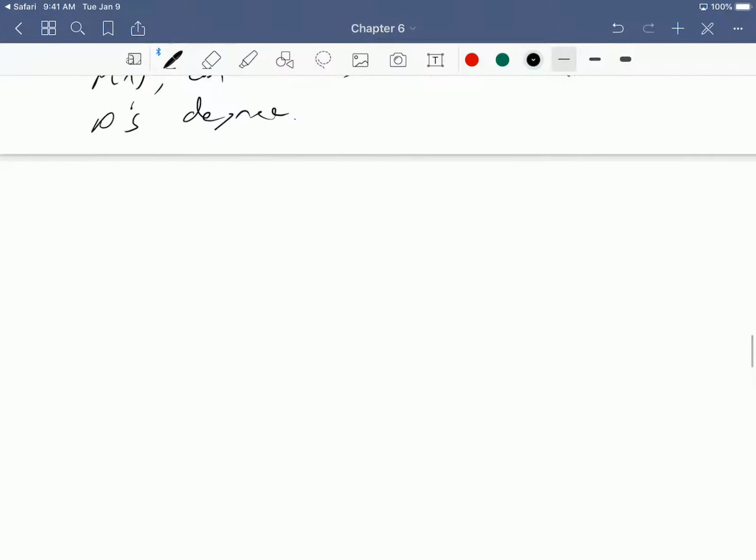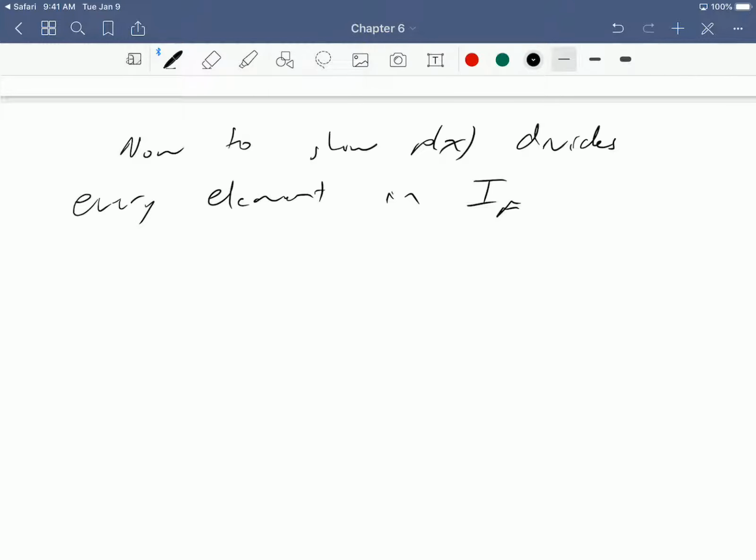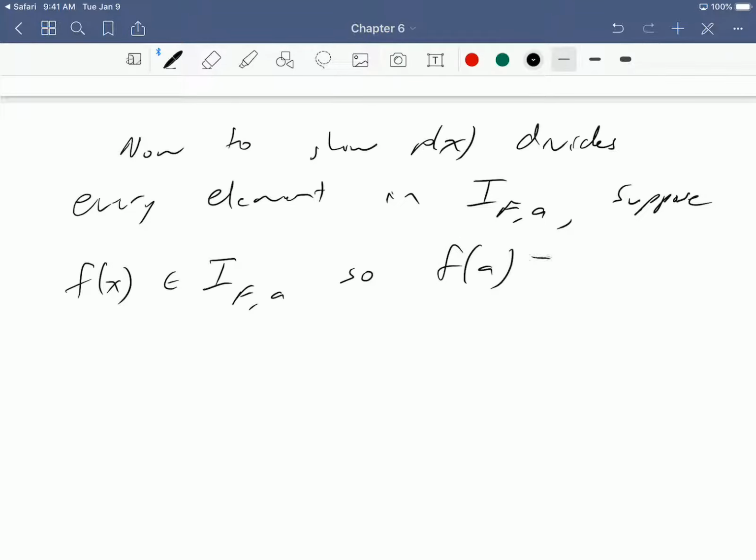Part 2 was supposed to show that p of x divides everything. So now to show p of x divides every element in I_F(A), we're going to suppose, let's say, f of x is in I_F(A). So f of A is 0.